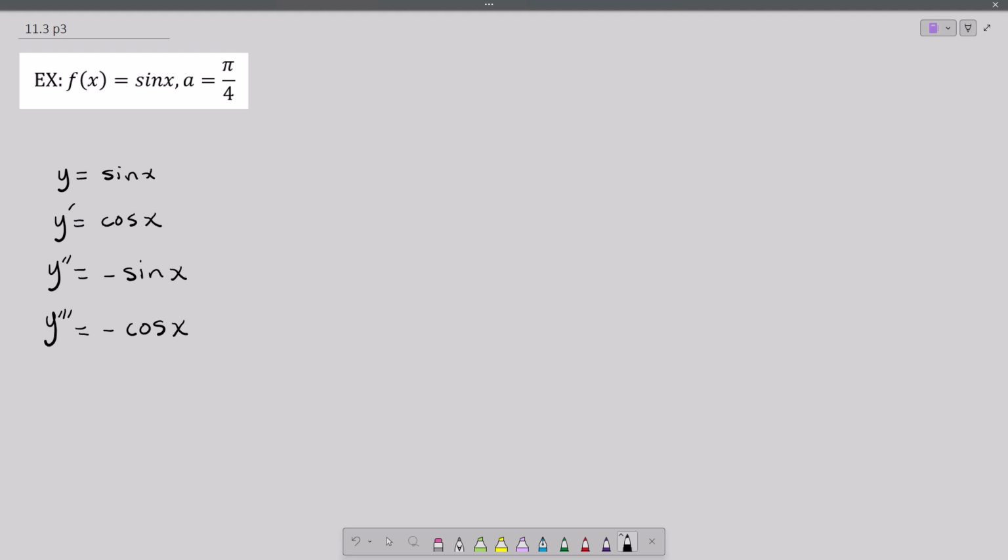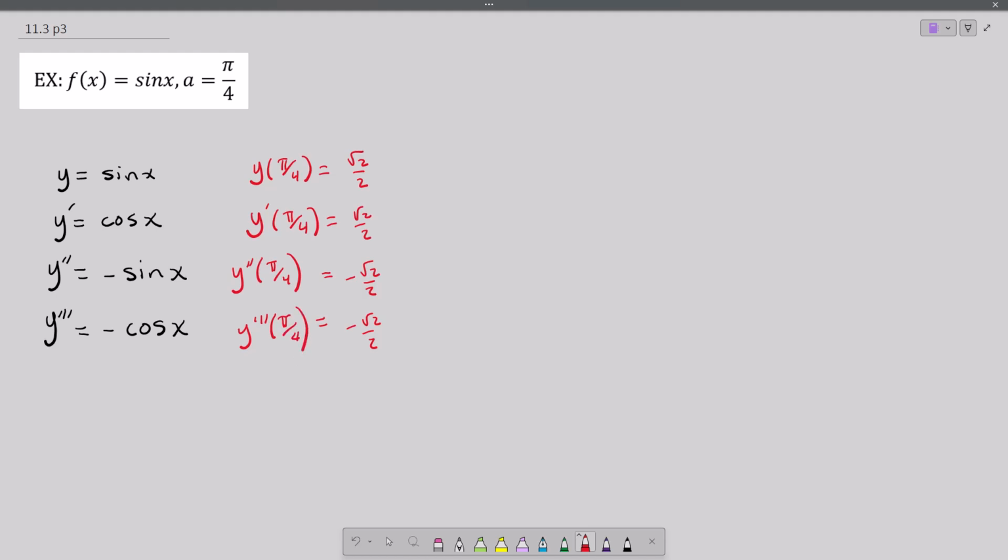So there are our first values. And then we plug in our center, and we get the value at the center for each of these. And so the value is either positive or negative square root of 2 over 2, all the way down.